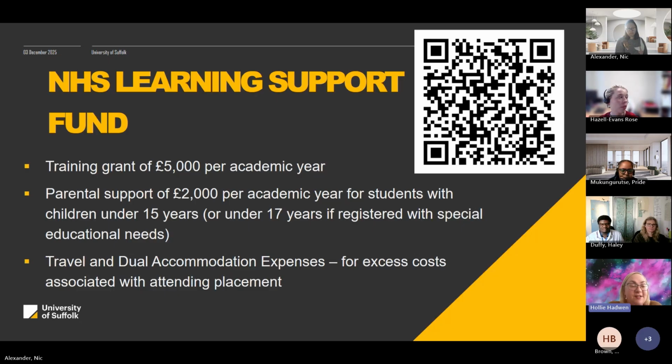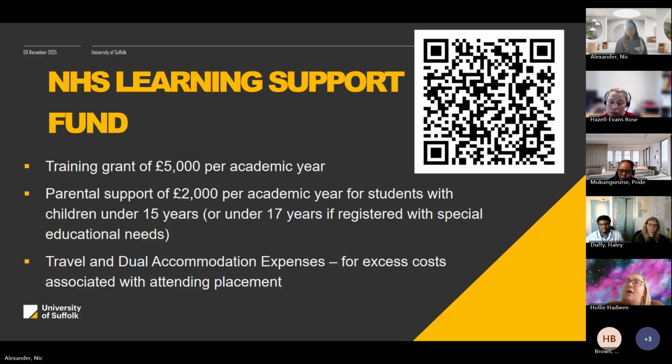And that NHS Learning Support Fund gives you £5,000 per academic year that you don't have to pay back. And that's to support you throughout your studies, because we need healthcare professionals in our NHS. Currently, diagnostic radiography is a shortage profession, so student diagnostic radiographers are actually getting an additional £1,000 a year on top of that as well.